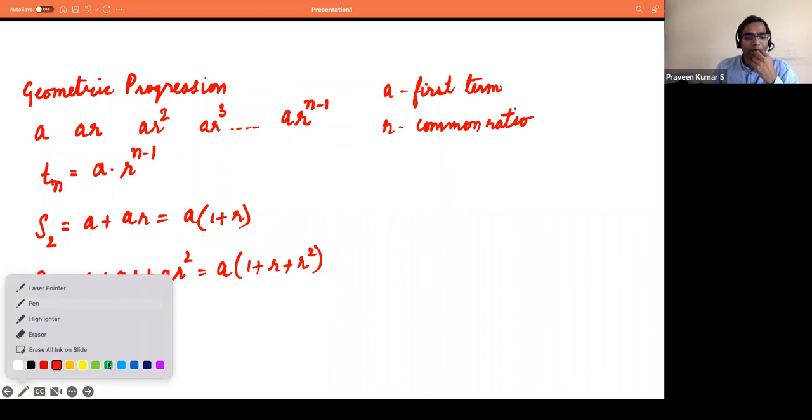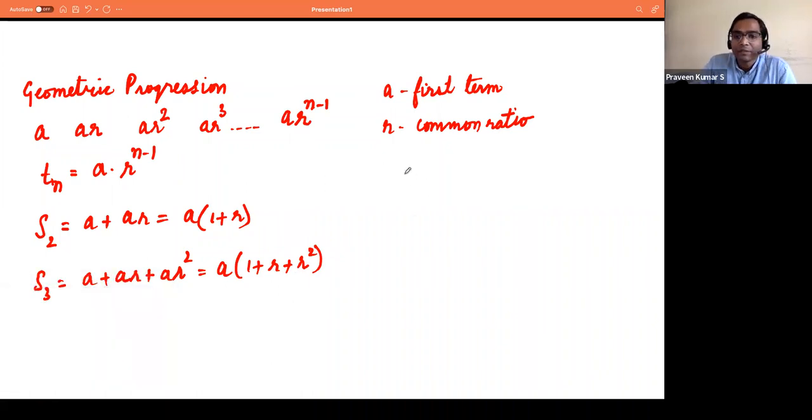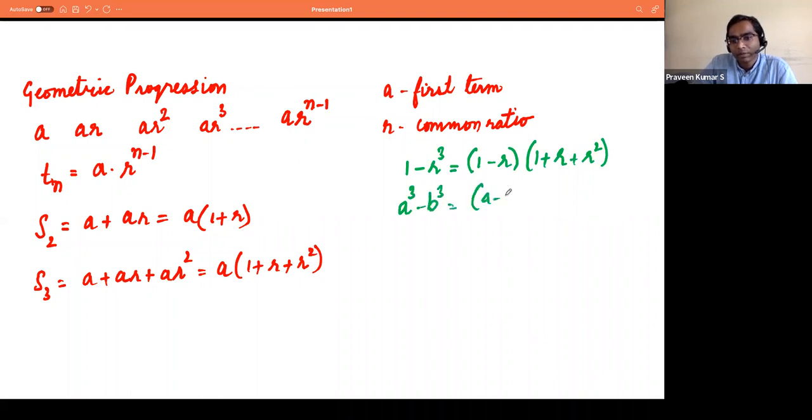You might be able to recollect that if you had, let's say, 1 minus r cube, you would have written this as 1 minus r into 1 plus r plus r square. Or you would have written this, a cube minus b cube is equal to a minus b into a square plus ab plus b square.